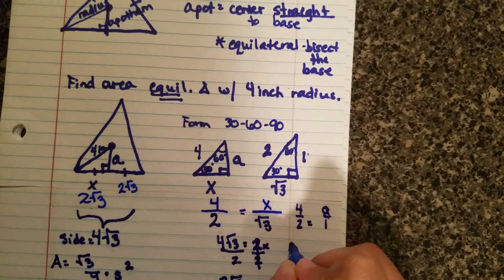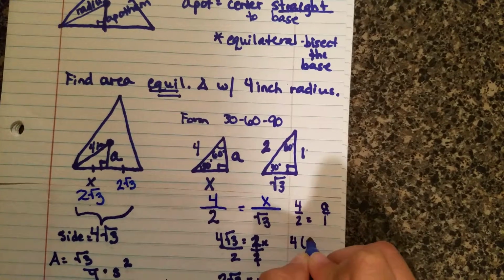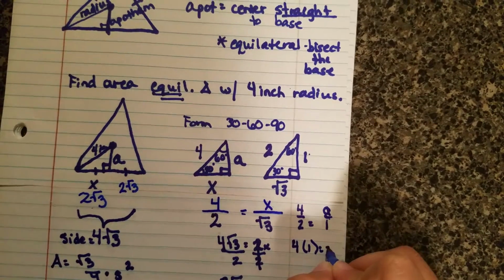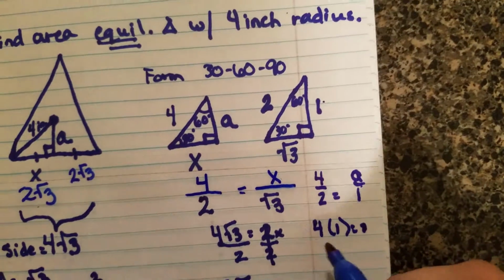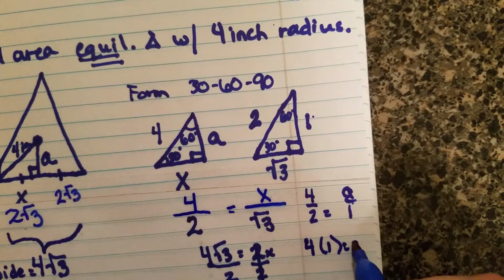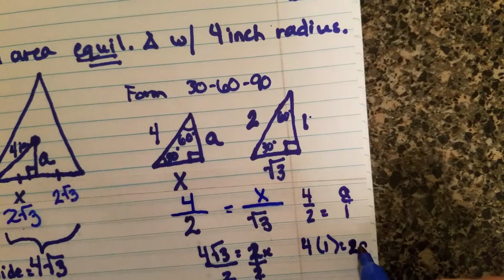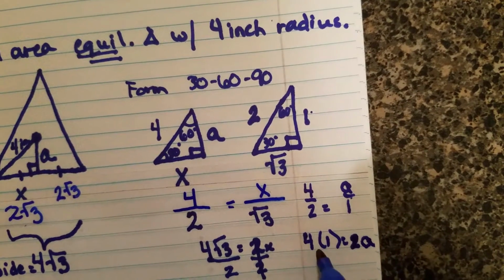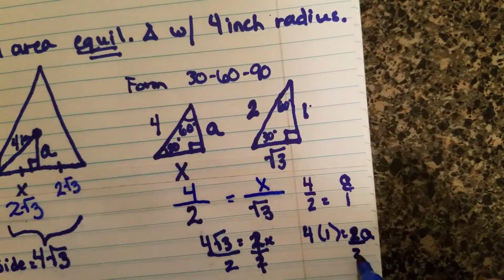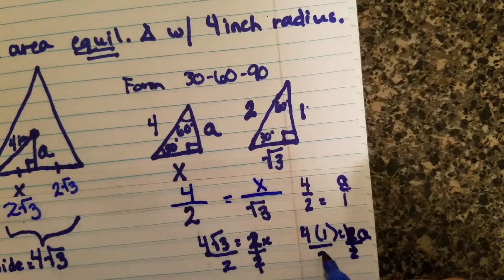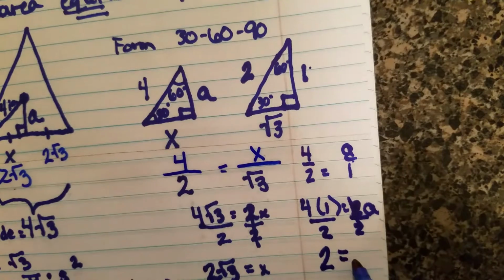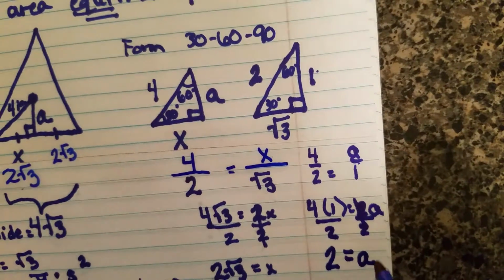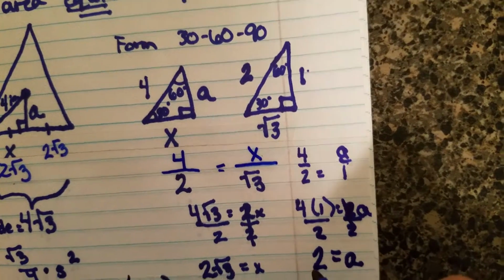So to solve, we cross multiply. 4 times 1 equals 2 times A. Oh, my papers are moving all around. Hang on. 2 times A. So that's 4 equals 2A divided by 2. So therefore, 2 is A. So we know our apothem is 2 inches.